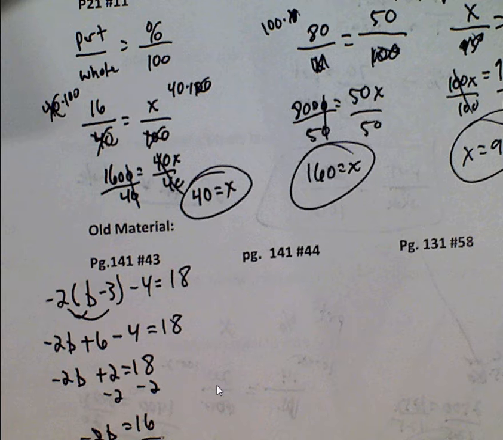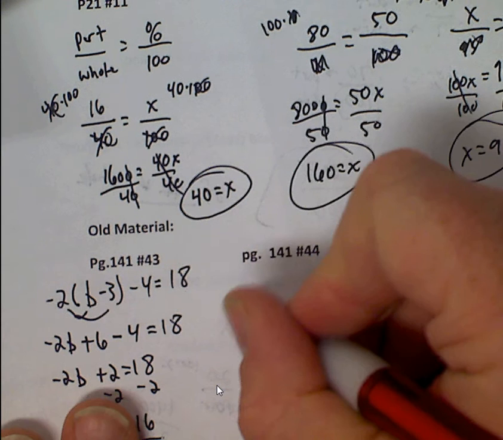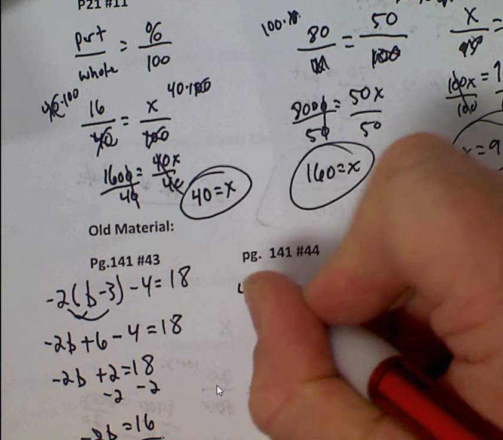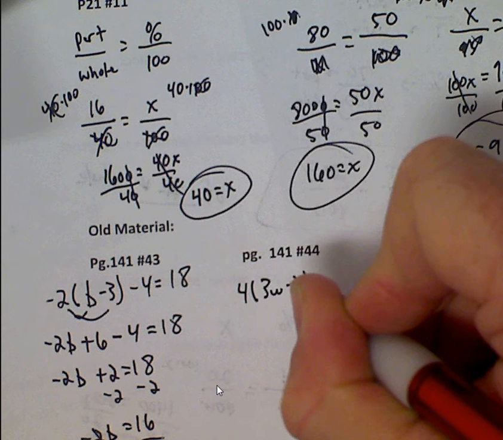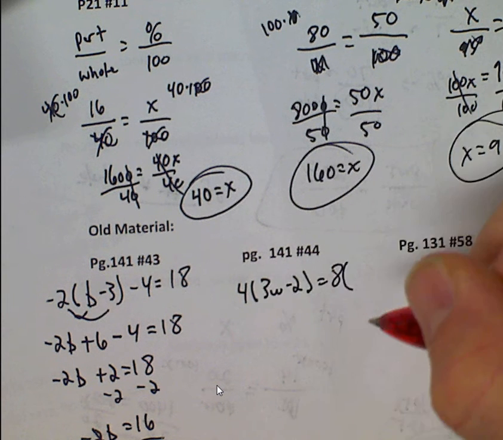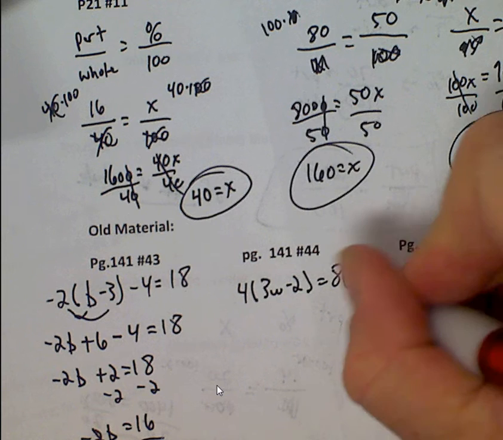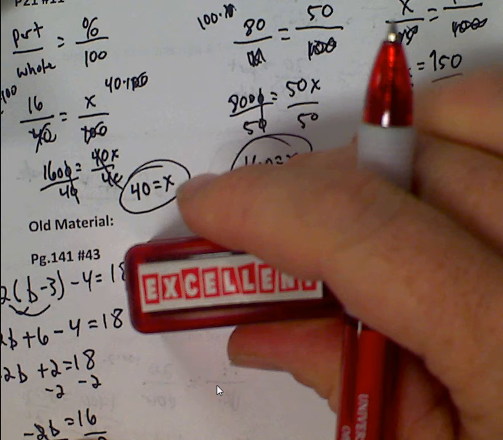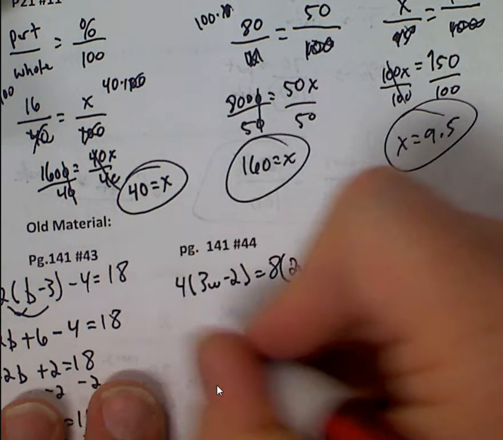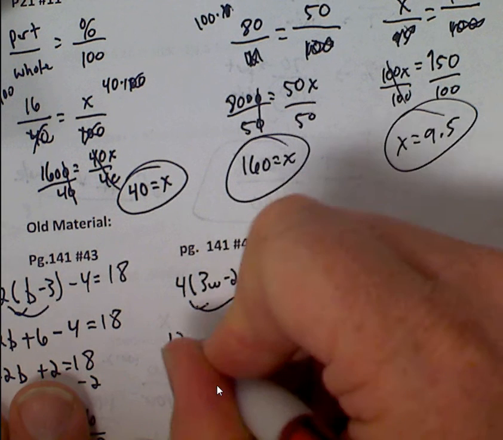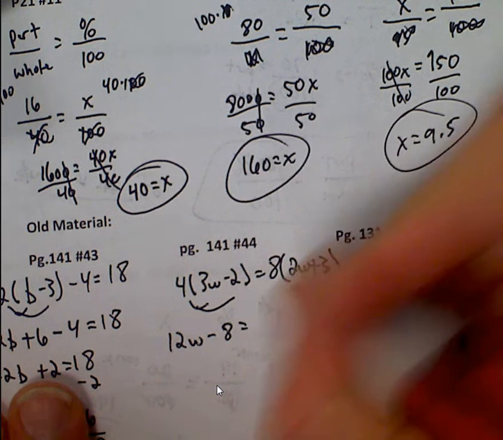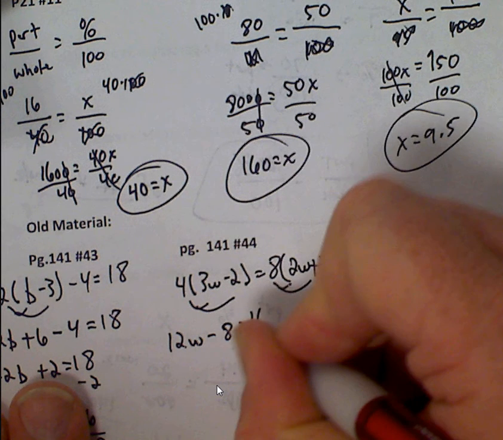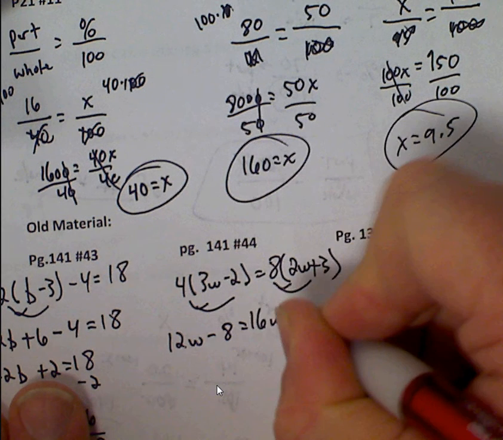Page 141, number 44. 4 parenthesis 3w minus 2 equals 8 parenthesis 2w plus 3. Pause the video and try. So, I distribute 12w minus 8 equals, distribute 16w plus 24.